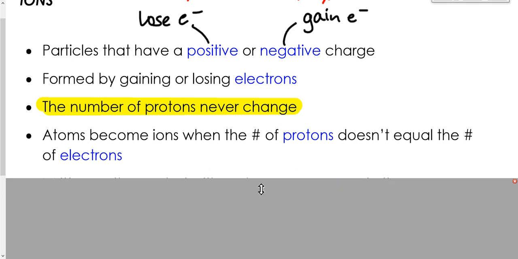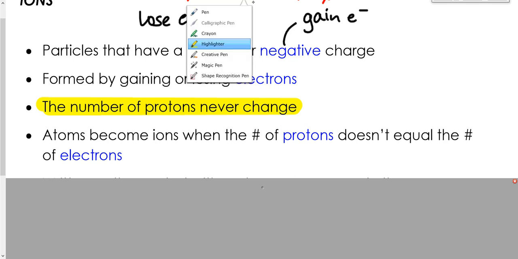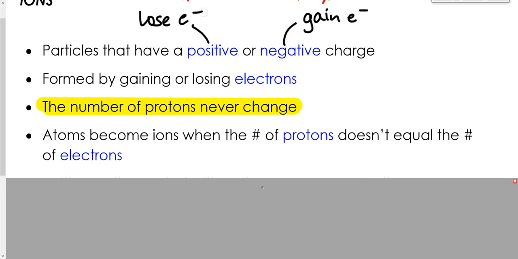So for example, let's say I had magnesium. If I just wrote this, this would be a magnesium atom.